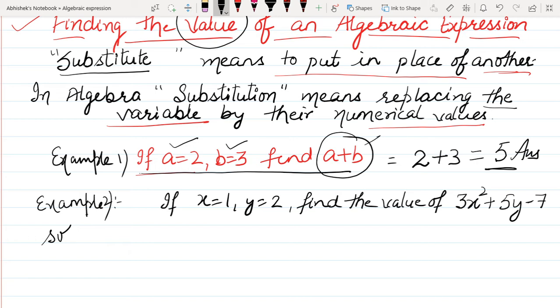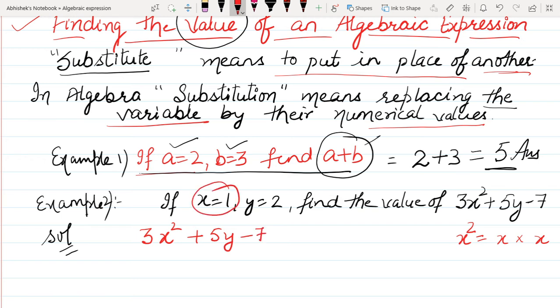Now look at the second example. We have 3x squared. Just as we did in the previous video, x squared means x raised to power 2, that is x multiplied by x. So here we have 3x squared plus 5y minus 7, where the value of x is 1 and the value of y is 2.